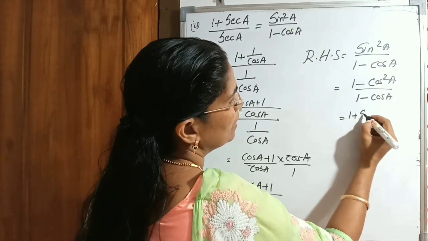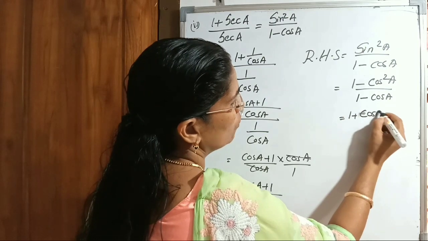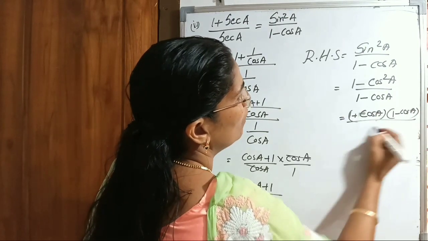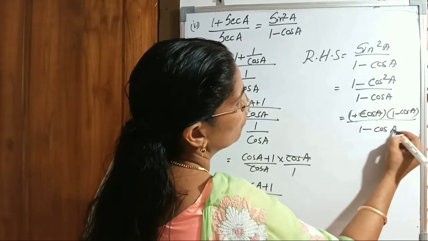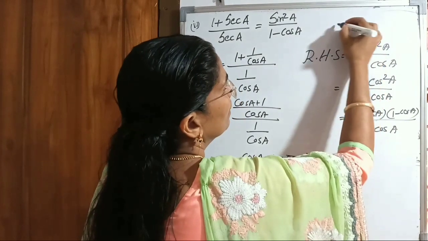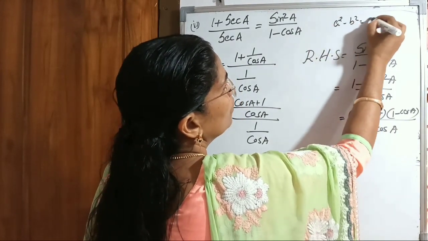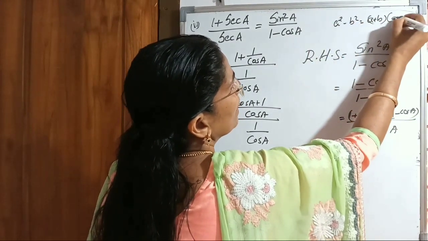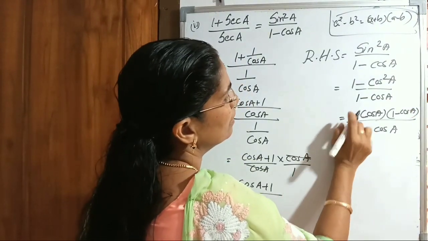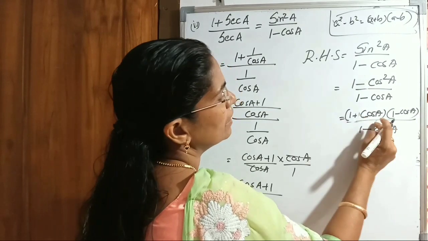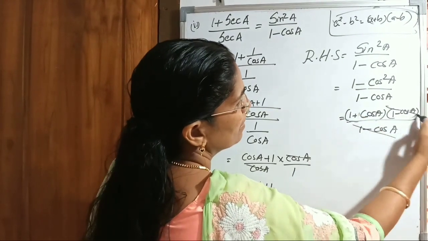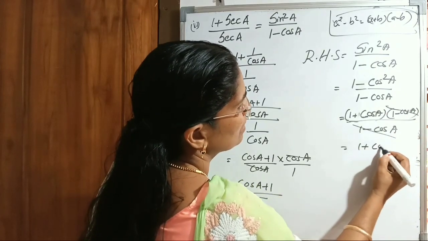So 1 plus cos a into 1 minus cos a, whole divided by 1 minus cos a. Here we applied the identity a square minus b square is equal to a plus b into a minus b. So we will get 1 plus cos a into 1 minus cos a divided by 1 minus cos a. This we can cancel, we will get 1 plus cos a.